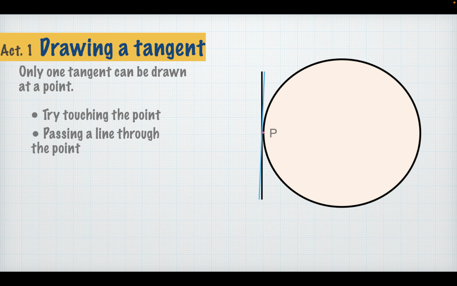I've taken a very small angle from the tangent that I drew in black, and I want to see whether this touches at point P or not. It seems here that it is touching point P because the angle is so small that it is difficult to tell whether it is touching at a different point or at point P.